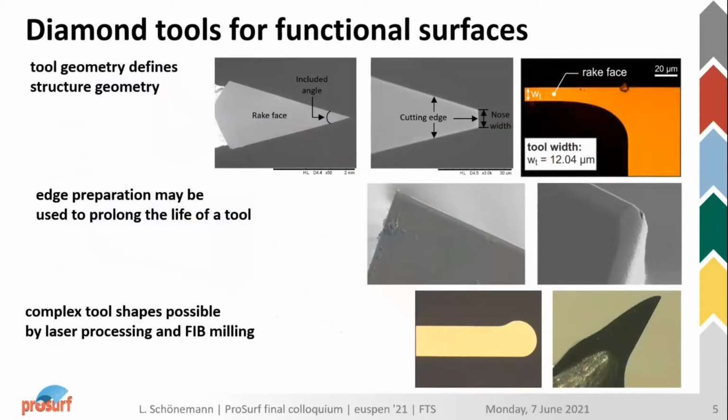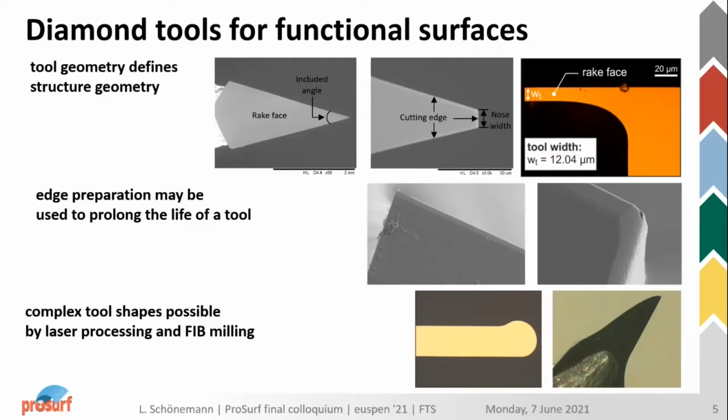We have sharp pinpointed tools, or cutting wedges with a very small nose width that basically determines the structural extent of the structure in feed direction of the turning motion. You can see here on the top right side a very small tool with a width of only 12 micrometers. This is, for example, used for machining diffractive features on an optical surface with the fast tool servo.